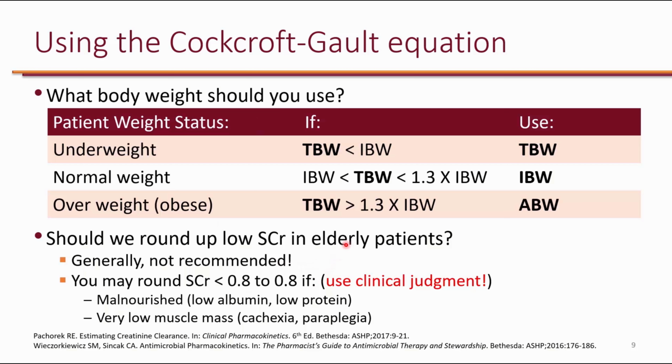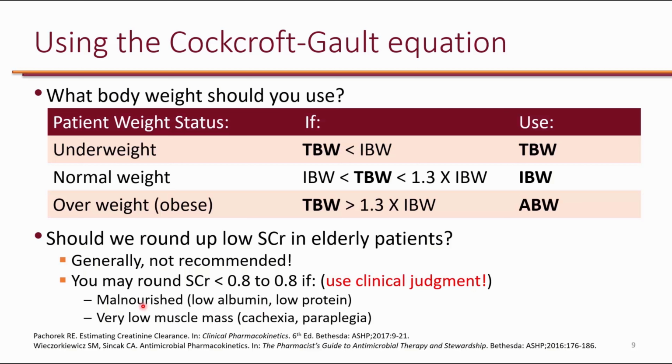Now, there are situations that you may need to round. In the literature, it's recommended to round to 0.8. So if serum creatinine is less than 0.8, round it to 0.8. Not necessarily for elderly, but for malnourished, because serum creatinine comes from muscle. So if someone has low albumin or low protein, that could be an indicator of malnutrition.